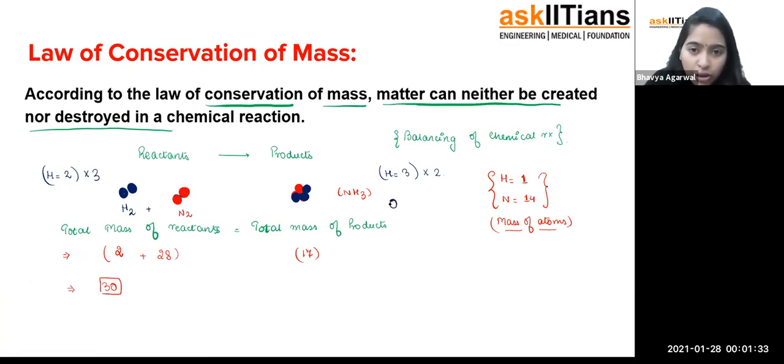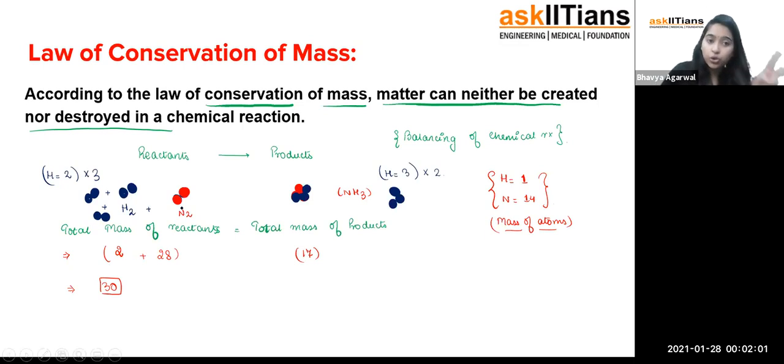Right? So in order to get 3 more hydrogens, I'll use another 3 hydrogens. So here also I have 6 atoms of hydrogen, and here again I have 3.